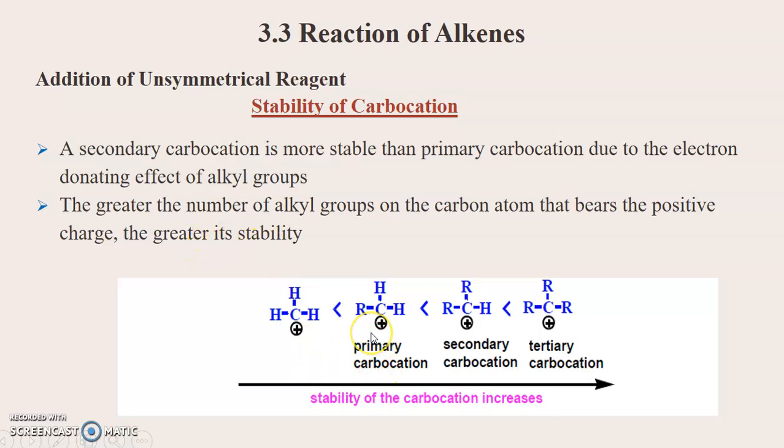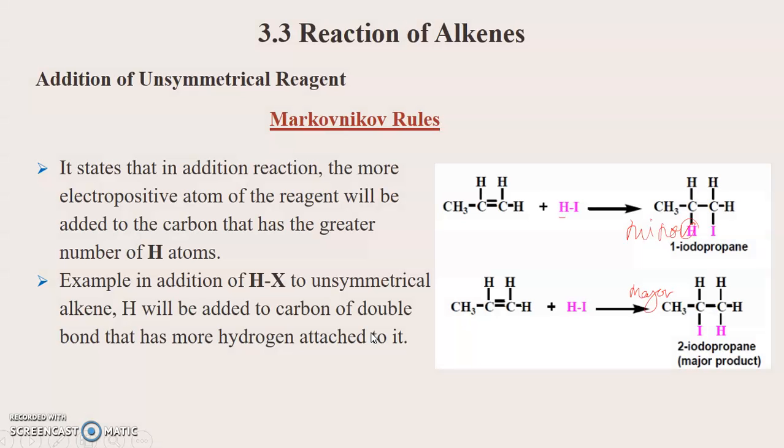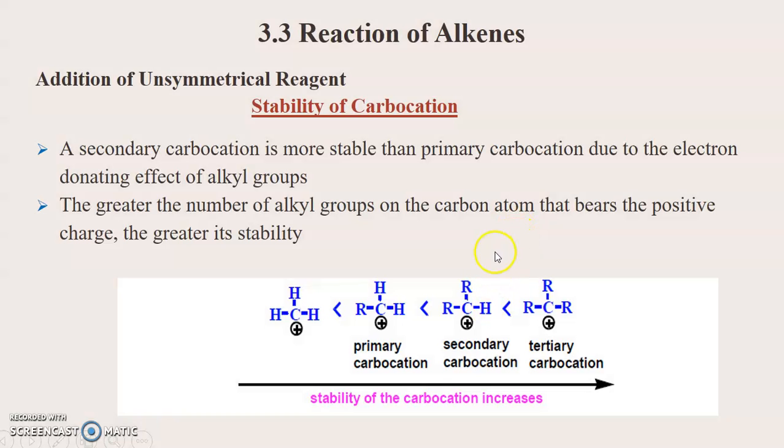So, if we look at the mechanism, the one that goes in first is hydrogen. So hydrogen will go to the carbon that has more hydrogen because it will produce a carbocation with high stability.